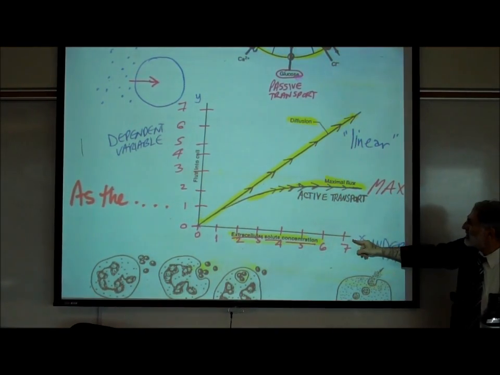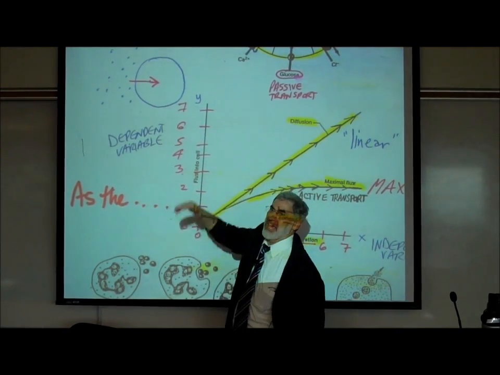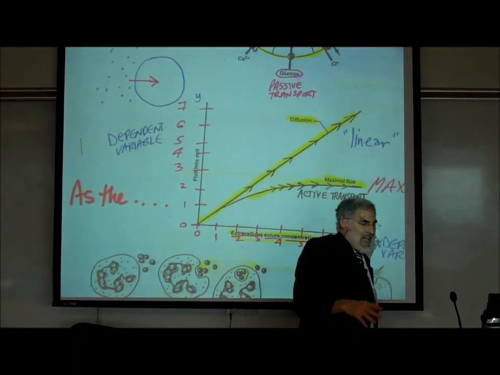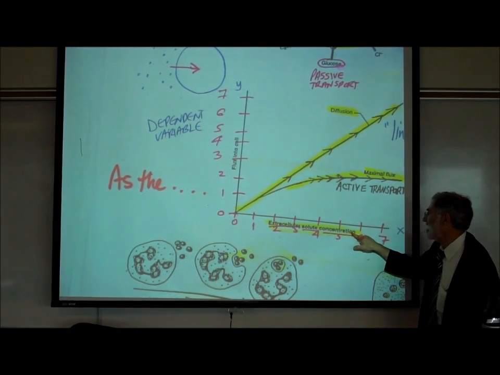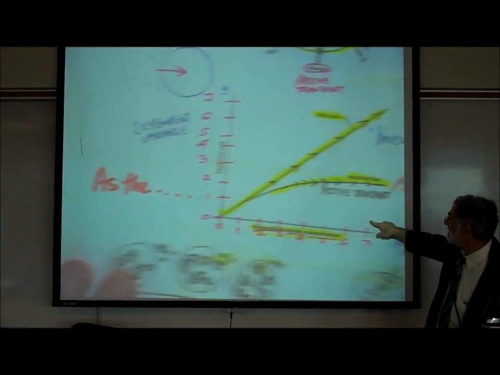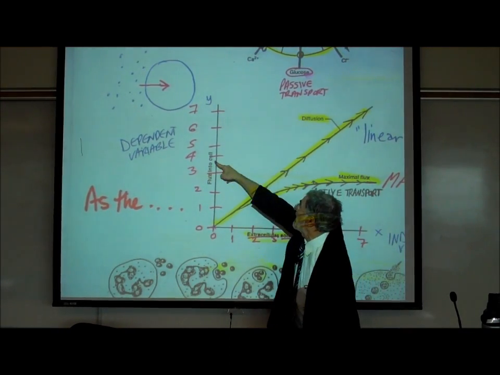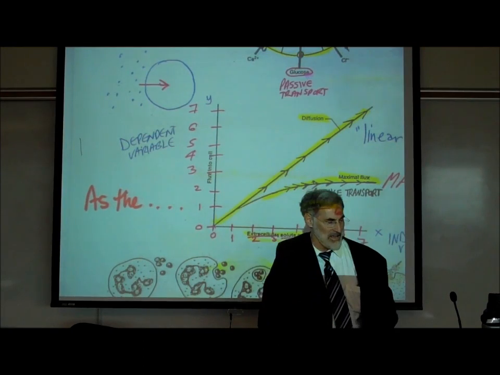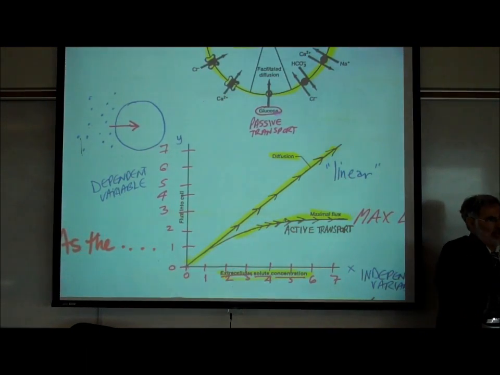As the concentration increases more, we get even more flow of the chemical into the cell. So, as the concentration of a chemical on the outside of the cell increases, the flow of the chemical into the cell increases. It is a straight line or linear relationship.